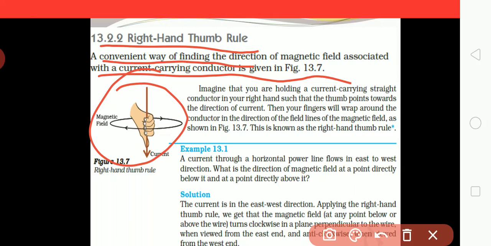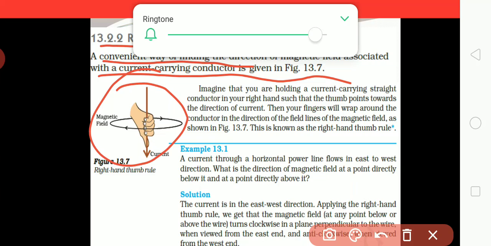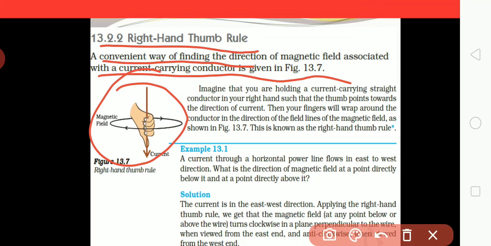Imagine that you are holding a current carrying straight conductor in your right hand, such that your thumb points in the direction of the current. Then your fingers will wrap around the conductor in the direction of the field lines of the magnetic field, as shown in the figure.